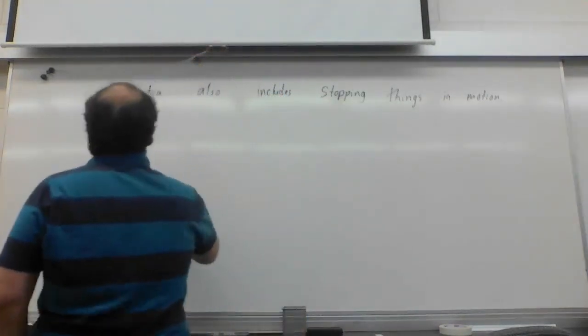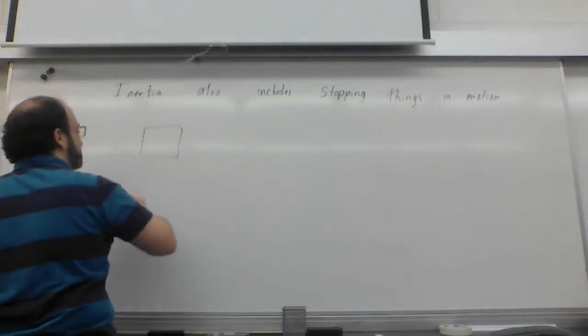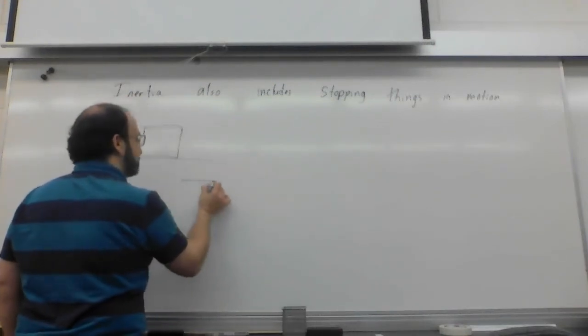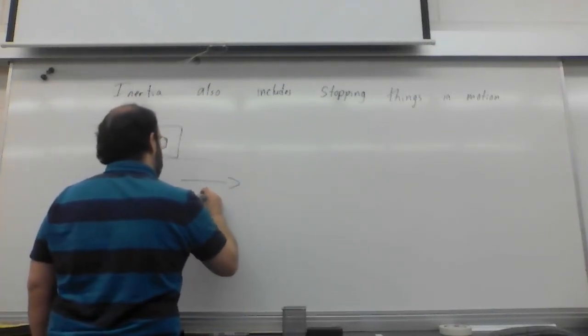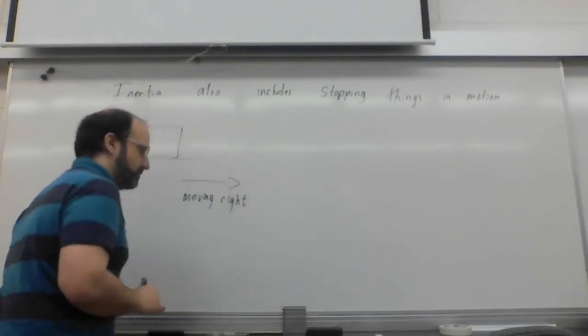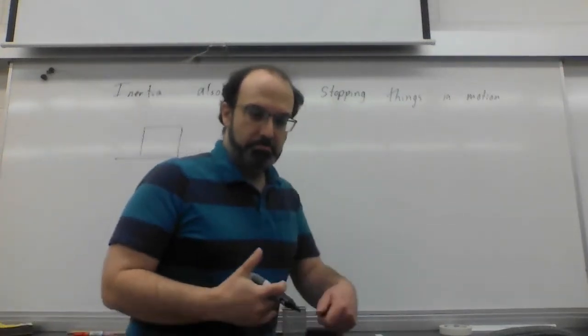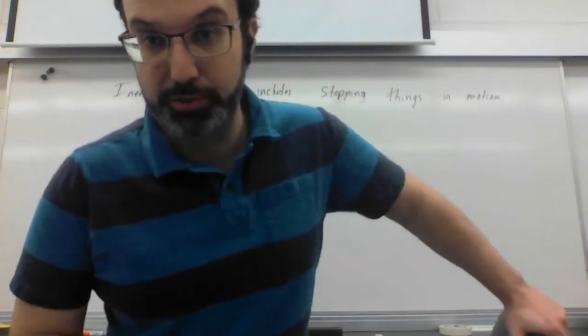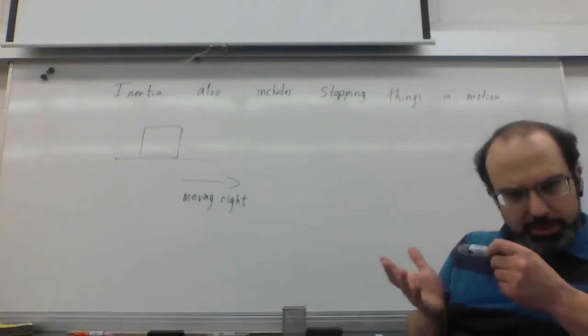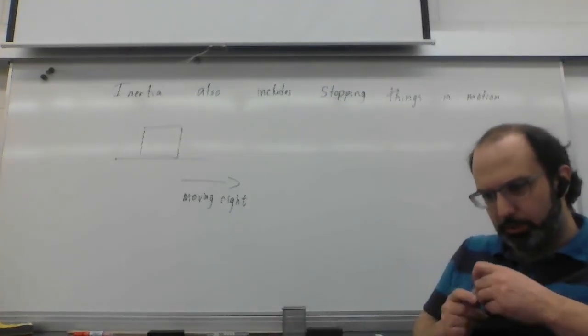What do I mean by that? All right, so we've got here a box, and this box is moving this way, to the right. So this could be the Earth. The Earth goes around the Sun the same way all the time. It never stops. It just keeps going and going and going.